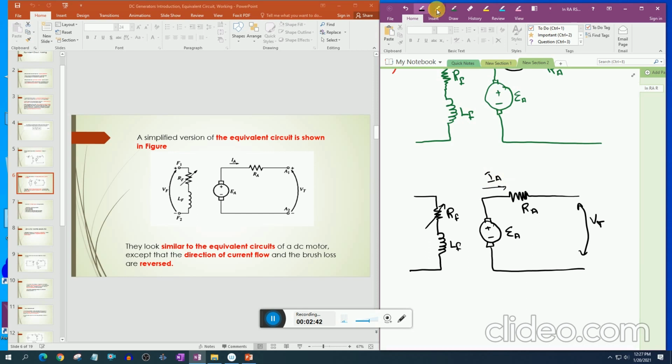The only difference between the DC motor and DC generator equivalent circuits is the direction of the current.